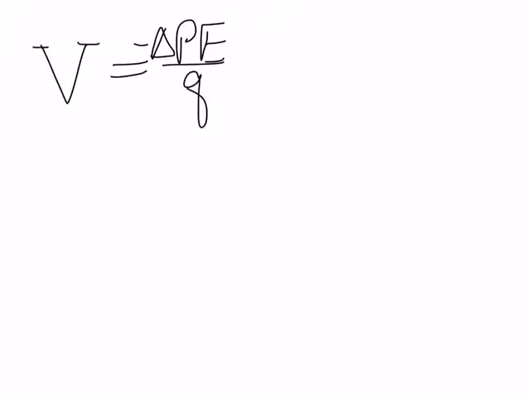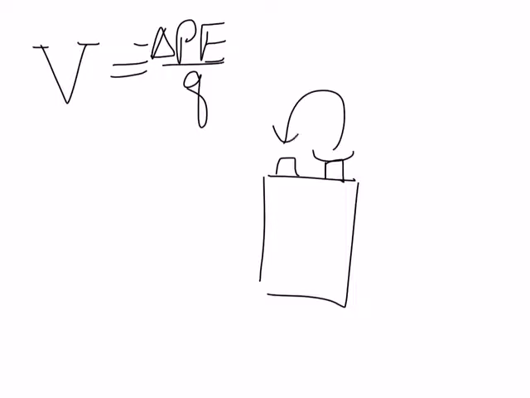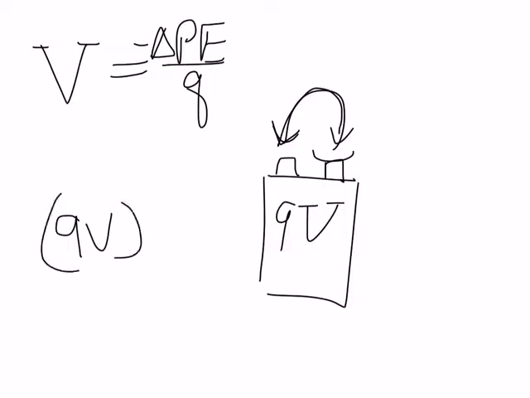Well, for example, a 9-volt battery, if I draw one here, badly, okay, if I connect up the two leads, and I send a single positive charge from one to the other, well, this is 9 volts. That charge gains an amount of energy that's equal to 9 volts times whatever that charge is, okay?